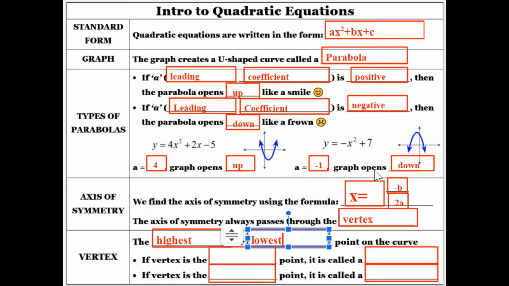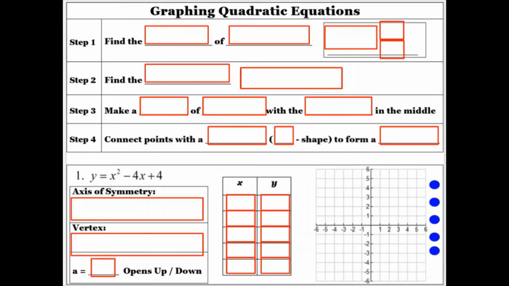If the vertex is the lowest point on the graph, it is called a minimum because it's the minimum value. If the vertex is your highest point on the graph, we call that a maximum because it's the maximum value of the graph. Continuing on to the next slide.